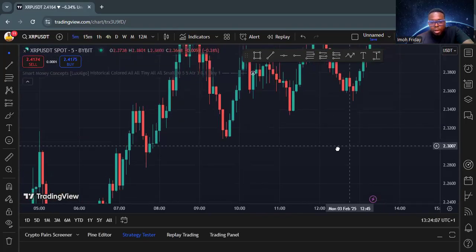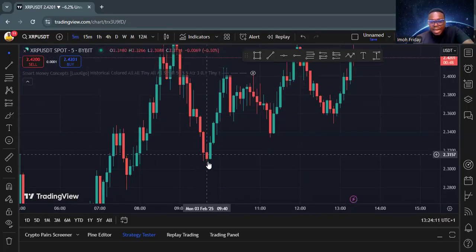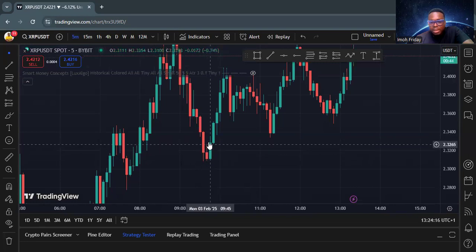When you see the market come down like this, and the last candle is a bear candle, and after this last candle it is followed by an impulsive bullish candle to the upside, which breaks market structure.